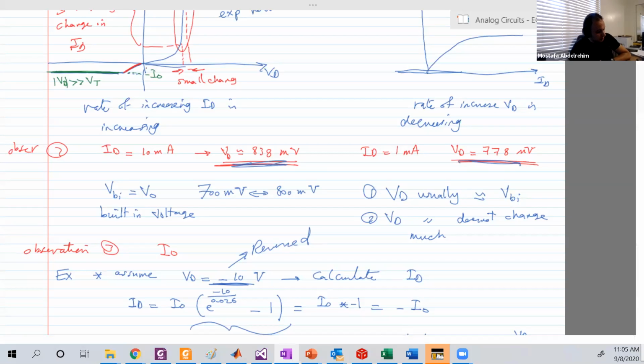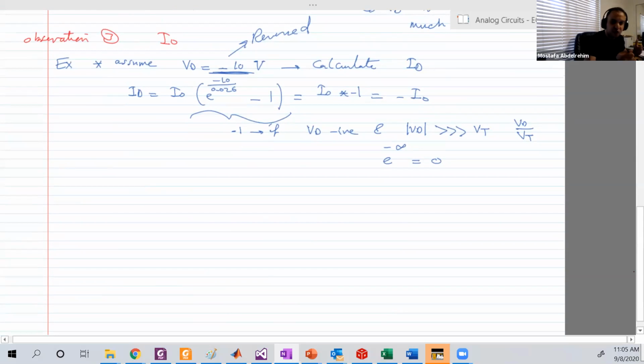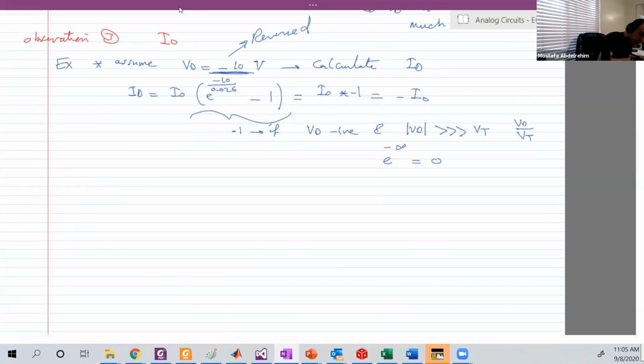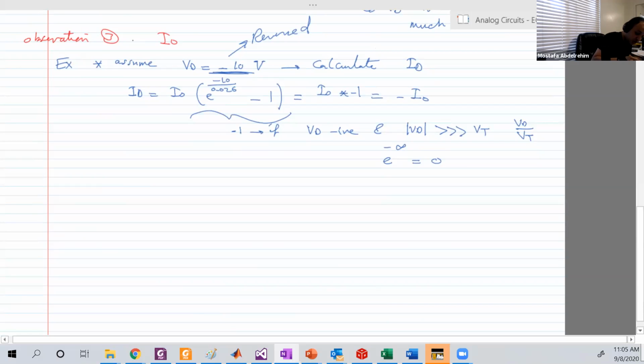Okay, now we understand how things work. Now we have our diode, our junction, which is governed by the famous equation. Let's draw it again just for your reference.